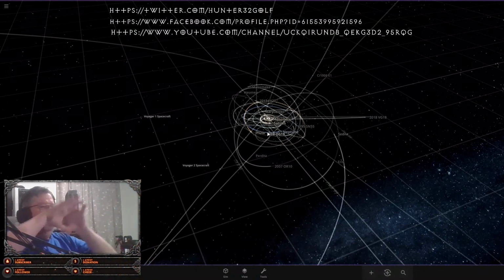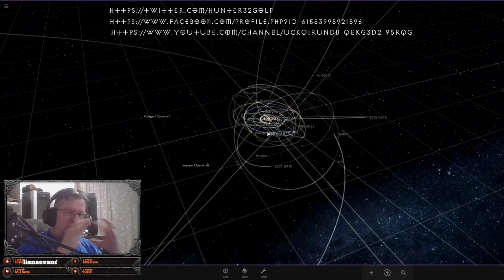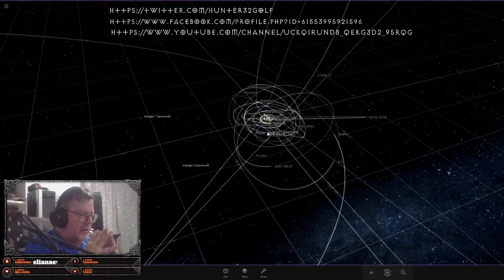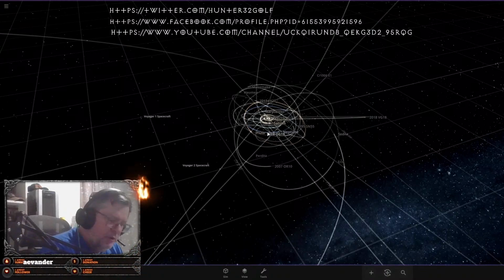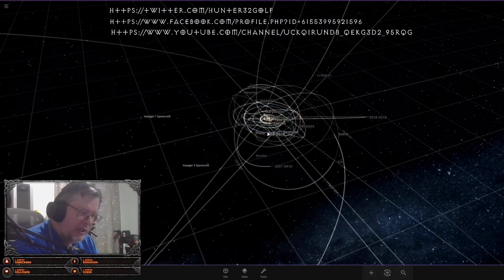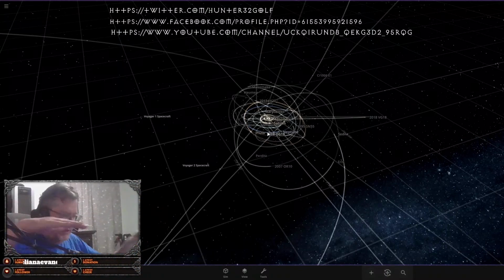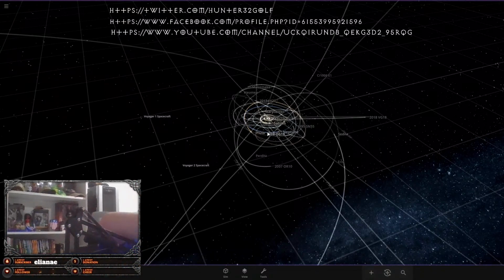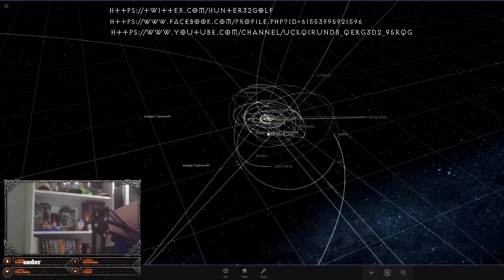Now, the outer Oort cloud completely surrounds the solar system like a jar, right? Like a round jar. But the inner part of the Oort cloud is a disk like the rest of the equatorial plane of the solar system.